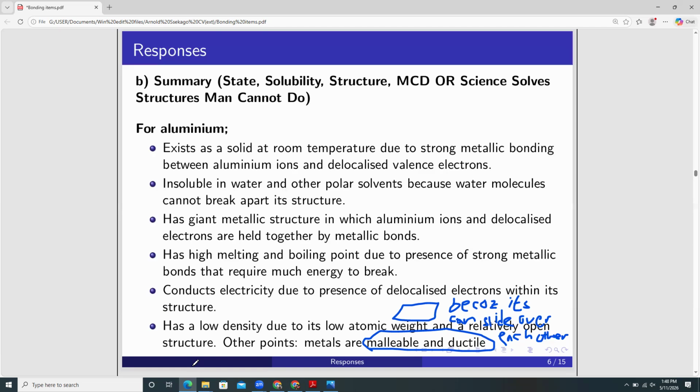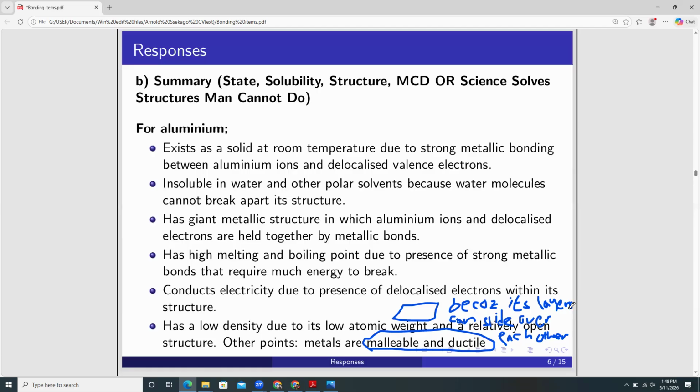Aluminium is malleable and ductile because its layers can slide over each other when they are hammered.